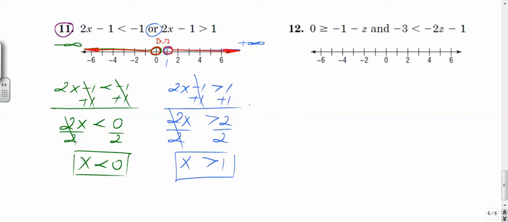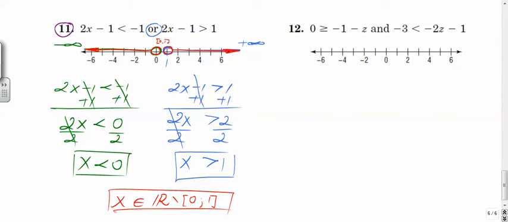You can say that x is part of all the real numbers without the interval from 0 to 1. That's one way, or you may put it as the union of the two intervals. I'm just showing you other ways to write this. You may not have it this year, but if you move on into college, it will definitely be there, or in more advanced classes in the next years.